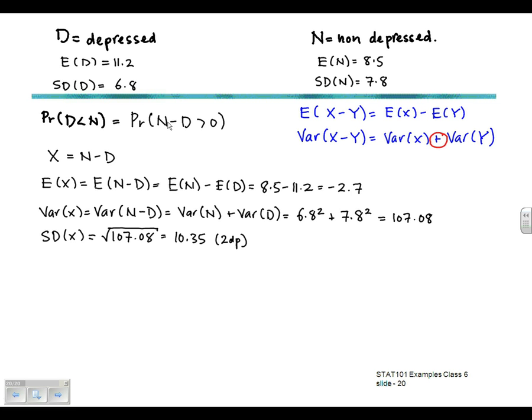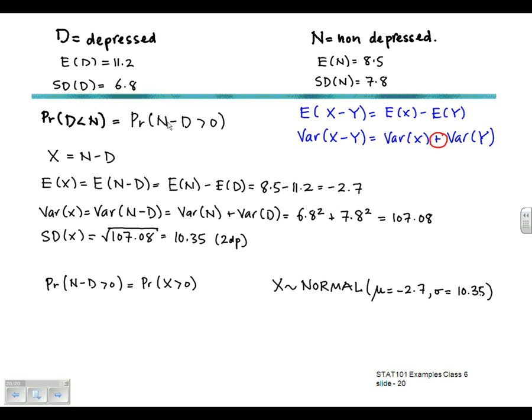So now we're looking for the probability that N minus D is bigger than 0 in our probability distribution for x. So we want the probability that x is bigger than 0, where x is a normal random variable with a mean of minus 2.7 and a standard deviation of 10.35.